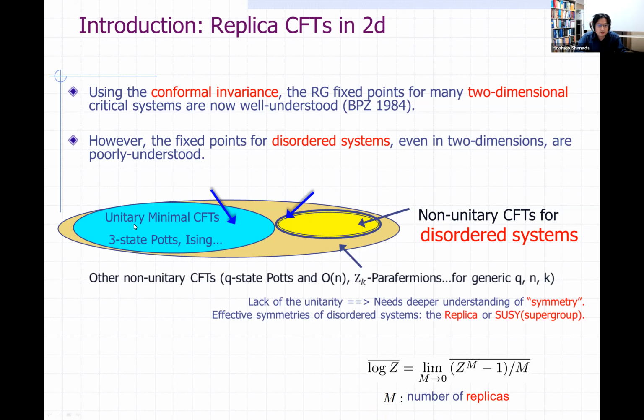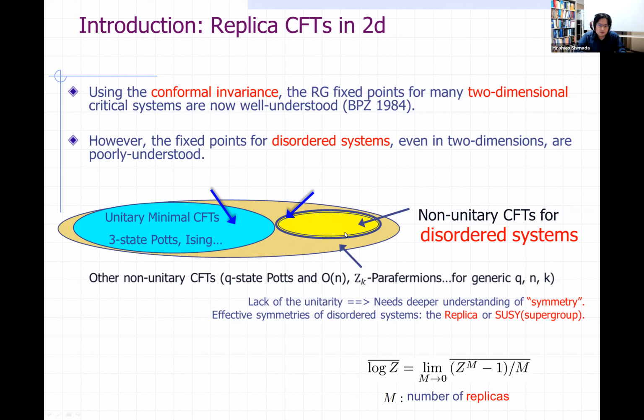Here we have the well-known minimal models, the 3-state Potts model and Ising. All the others are okay. The non-unitary ones are a difficult problem. Here we have these very difficult CFTs for these sorts of systems. We also have the Q-state Potts model, O(N) and Z_K parafermions for generic non-integer N. These are also non-unitary systems.